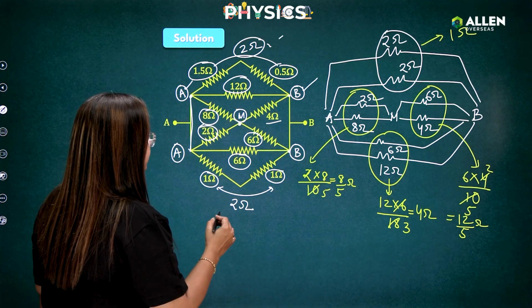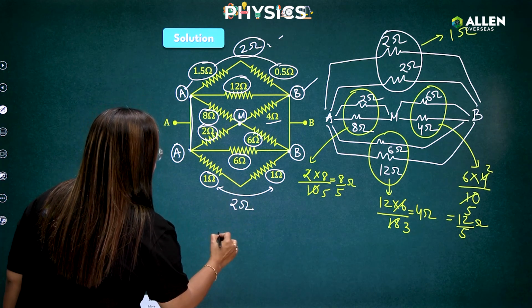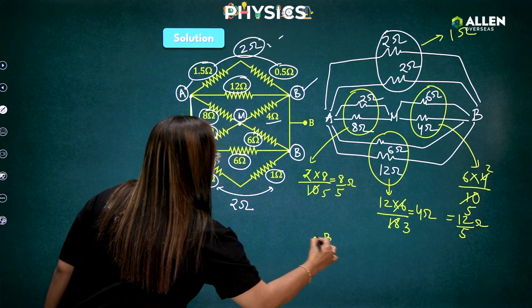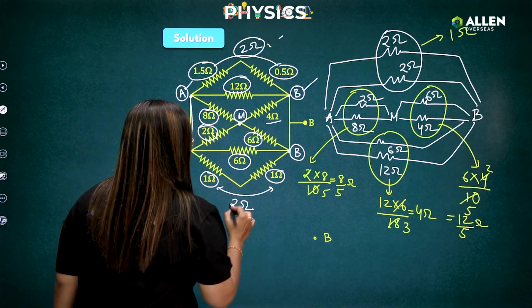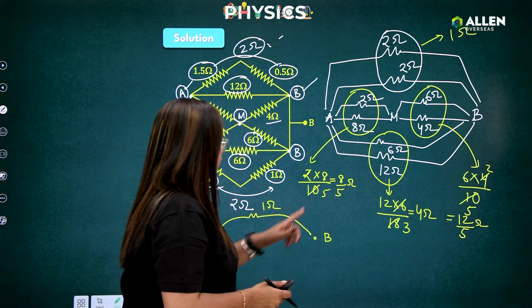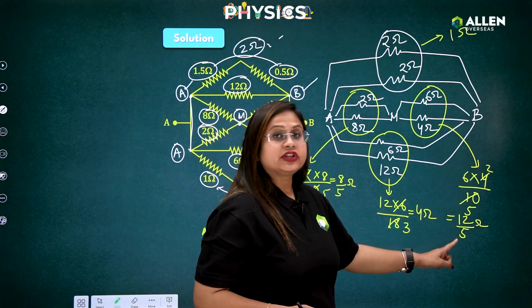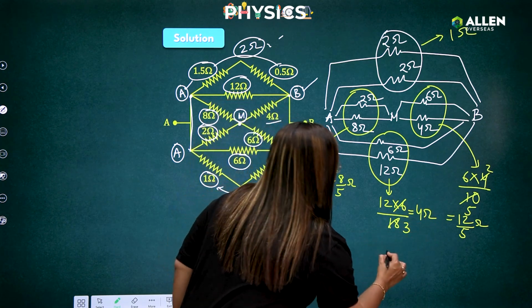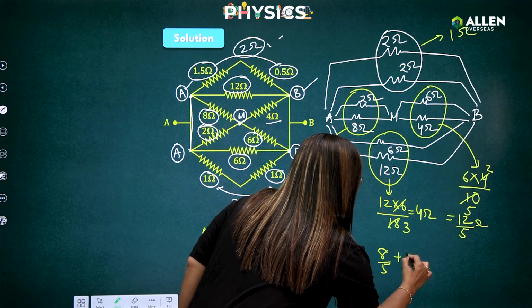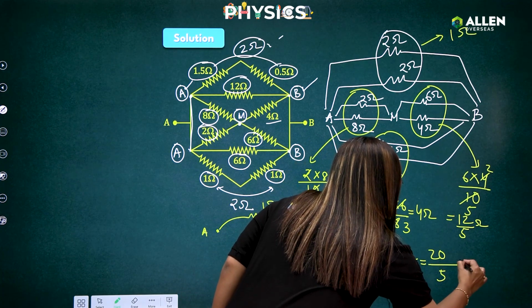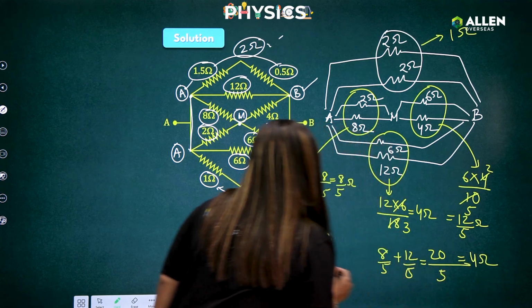If we reconstruct the circuit, then you can see here this point is A, this point is B. Now between A and B, this is 1 ohm. 8 by 5 is in series with 12 by 5, which will give us 8 by 5 plus 12 by 5 is equal to 20 by 5 is equal to 4 ohm.